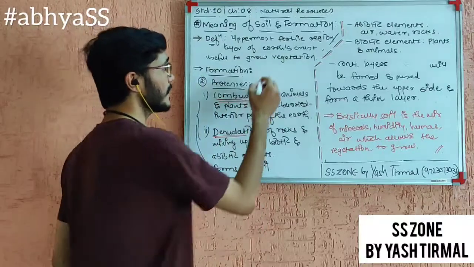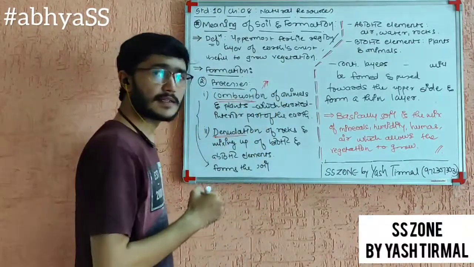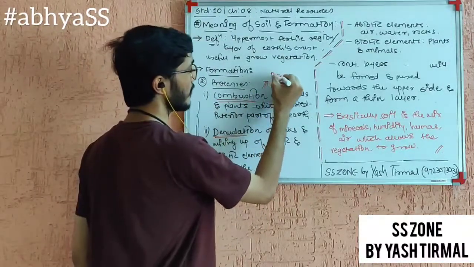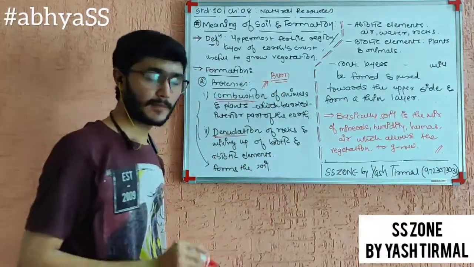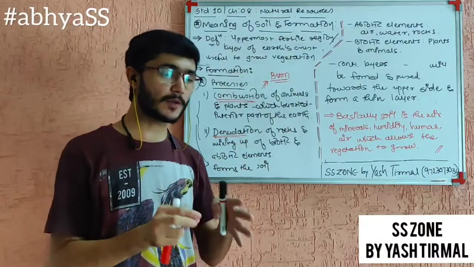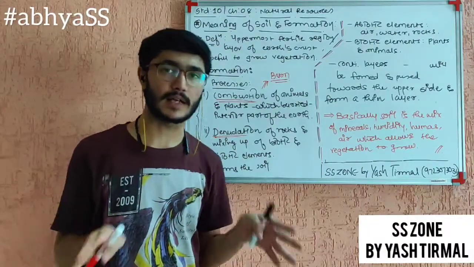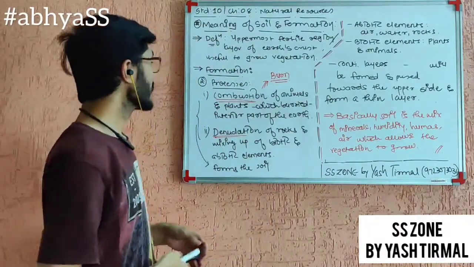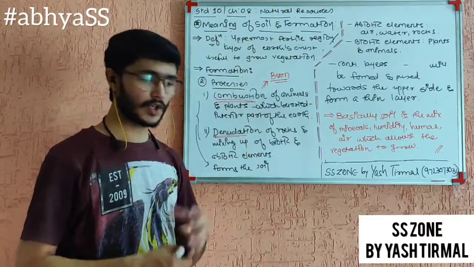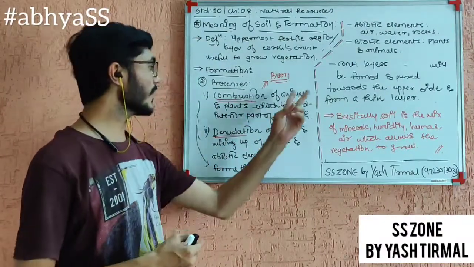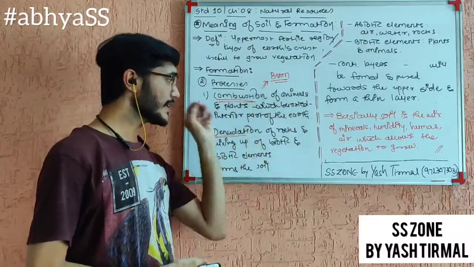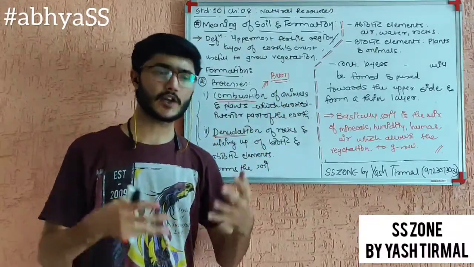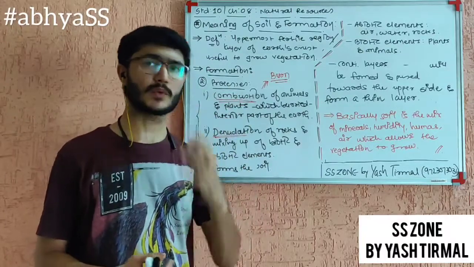Combustion, in simple terms, we can also call it a process to burn. But this burning is partial burning; the particular thing won't be burned completely, won't be burned entirely. This is the partial burning of animals and plants which are buried in the interior part of the earth due to any kind of process, for example earthquake.